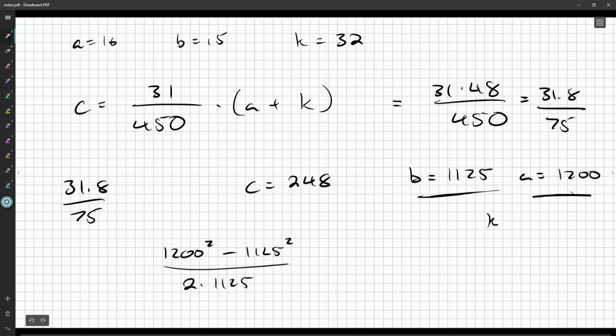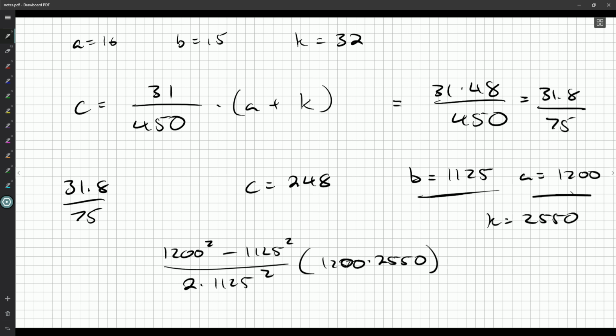In this case, the new k I get is 2550. So then we get 1200 times 2550, over 1200 squared minus 1125 squared, divided by 1125.